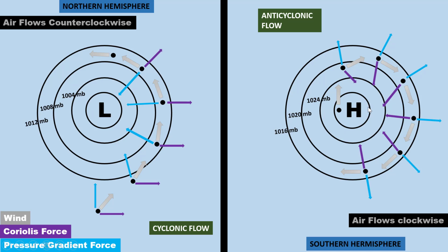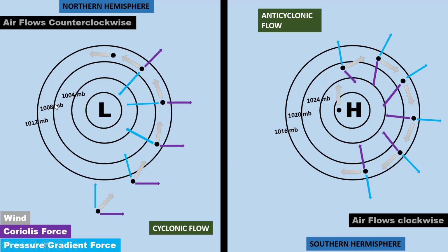In the middle of the circle, you have high pressure in the southern hemisphere. Let's take the northern hemisphere for example. This is the wind. The Coriolis force deflects the wind to the right of the path. And for the pressure gradient force, you can see that in the middle, you have 1004 millibars. You have the low pressure area.